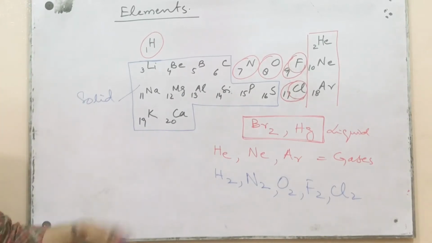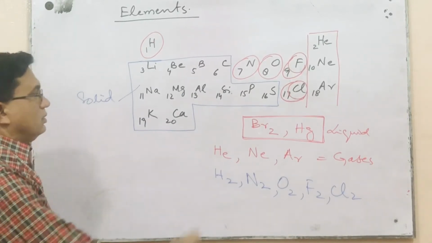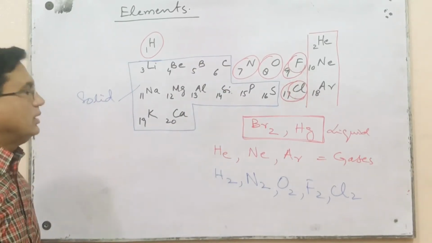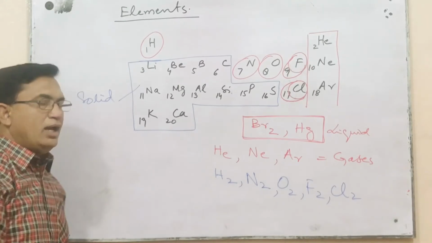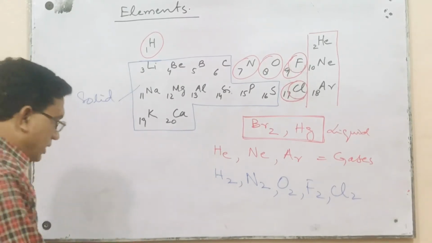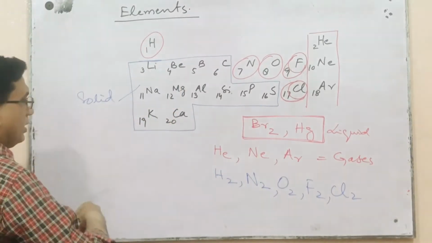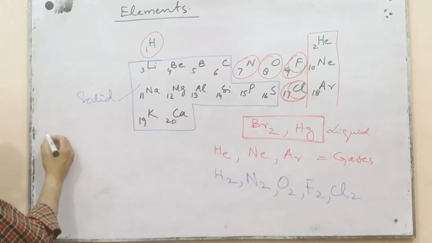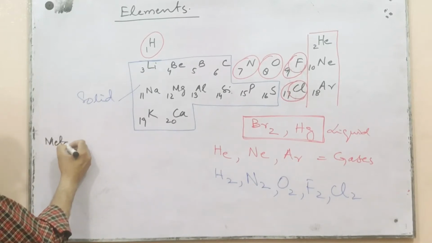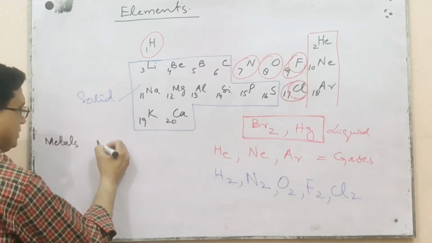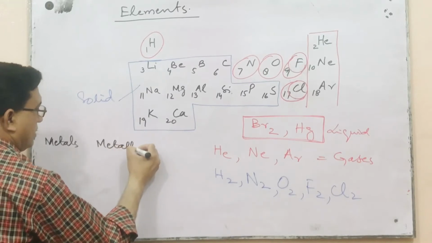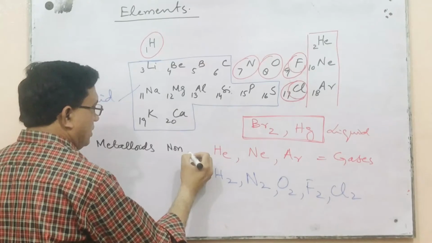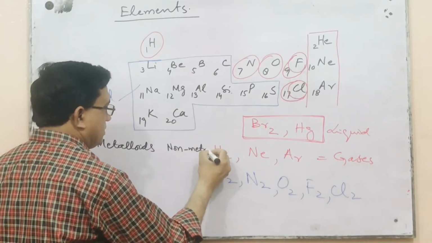Now, one thing more. Among all these 20 elements, some elements are metals. These can all be divided into 3 further groups: metals, metalloids, and non-metals.